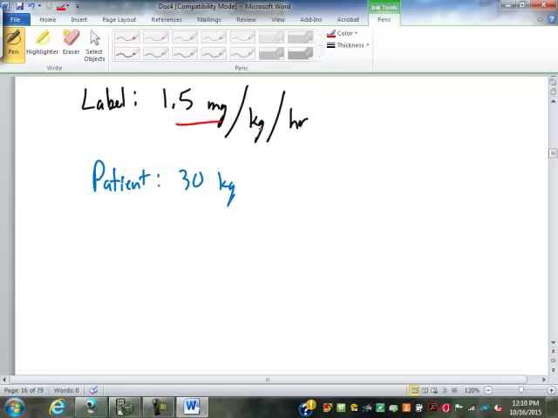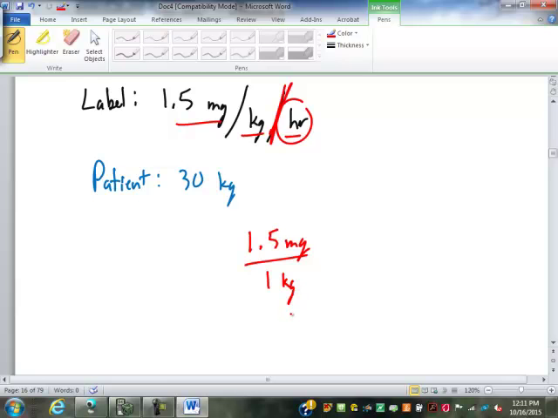The problem is there's 3 items here. There's milligrams, kilograms, and hours. We're going to ignore the hours for right now. Everything we're going to be doing is per hour. This is 1.5 milligrams per 1 kilogram.